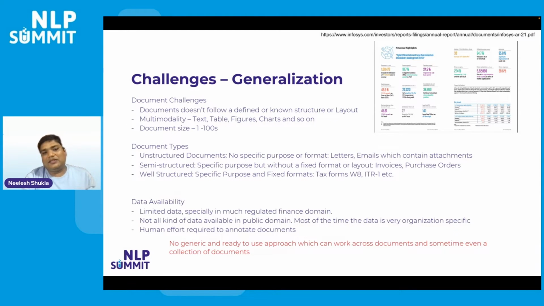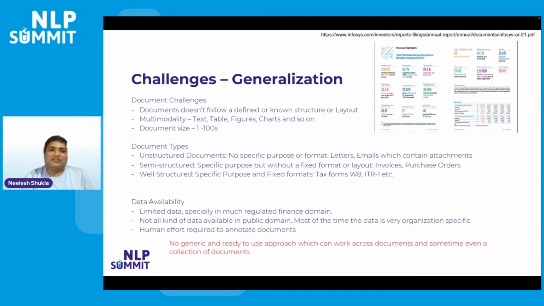And so, quickly, let's talk about what kind of different documents there could be. There are three kinds of documents in which we can categorize. Unstructured documents, like we talked about emails or letters, which can contain attachments. So there is a variety of documents, a variety of structure in it. Semi-structured is something like, if you talk about invoices, all these invoices are talking about a particular thing.